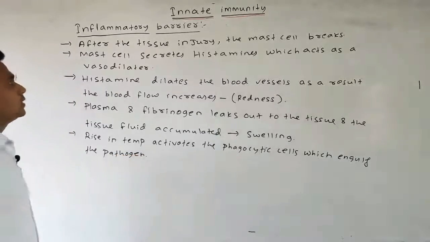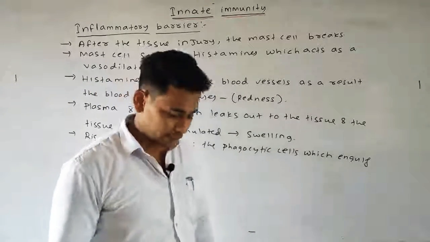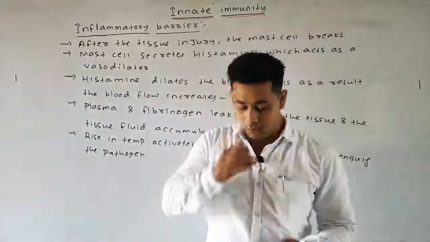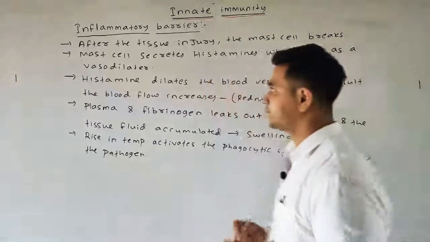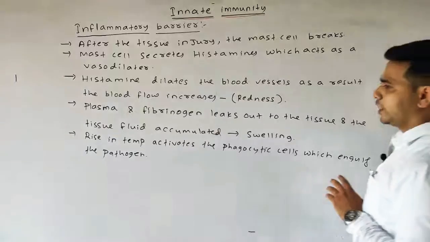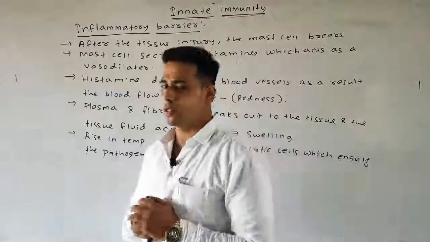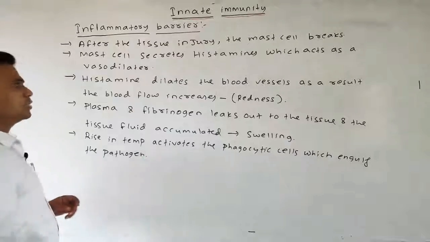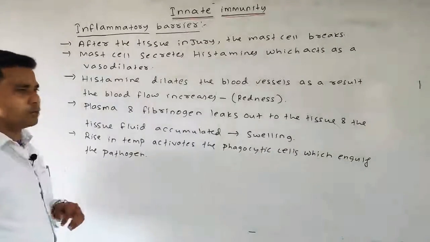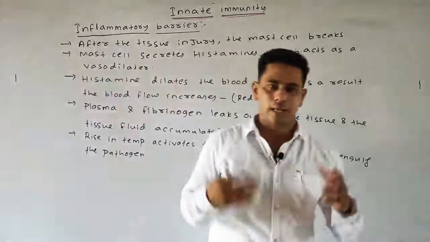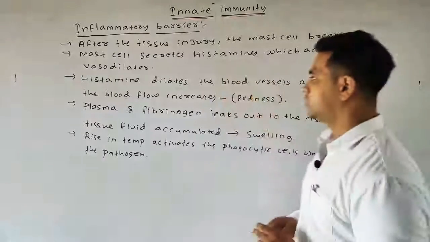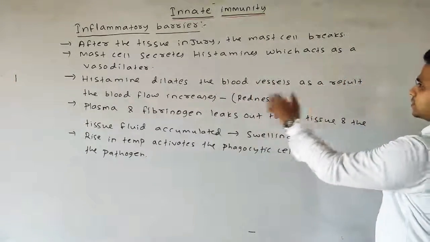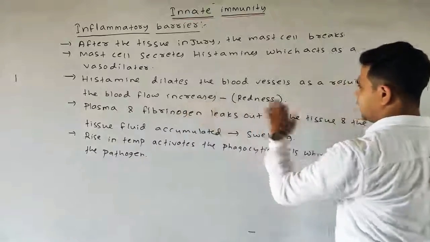Okay. So in this manner, this is your writing portion of the inflammatory barrier. First, the tissue injury happens, and the mast cells break down and secrete histamine and the prostaglandins. Histamine acts as the vasodilator, it dilates the blood vessel, the blood flow increases and the redness occurs.